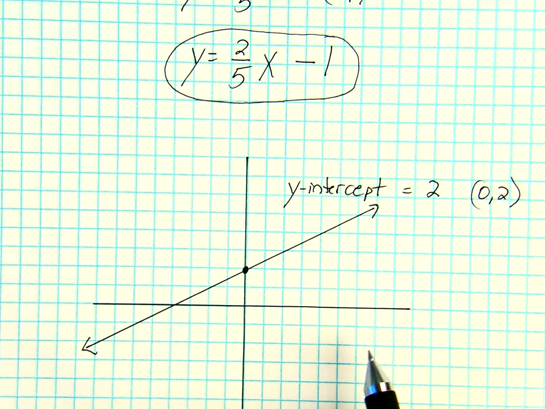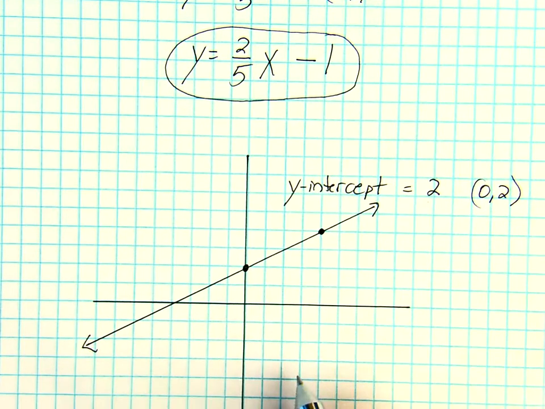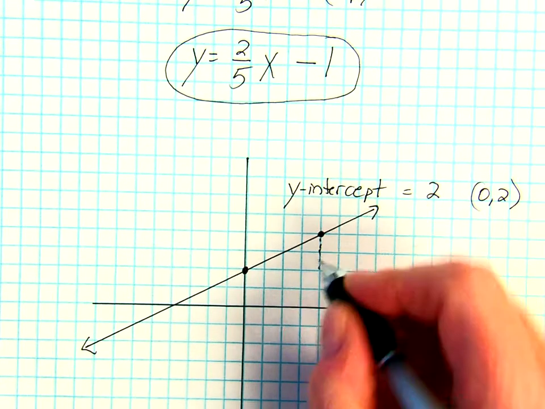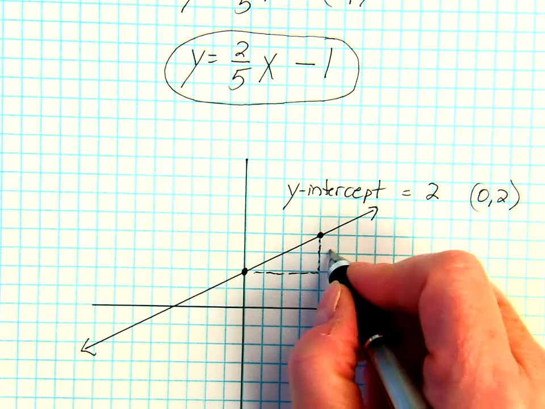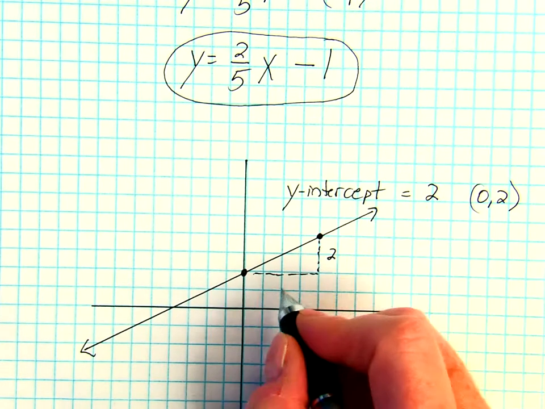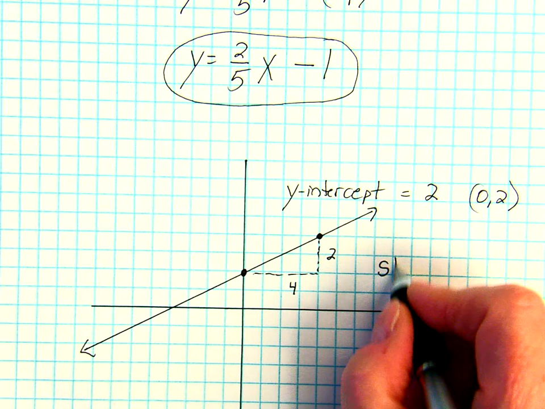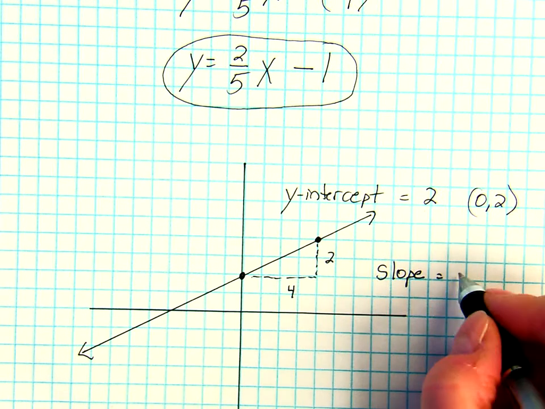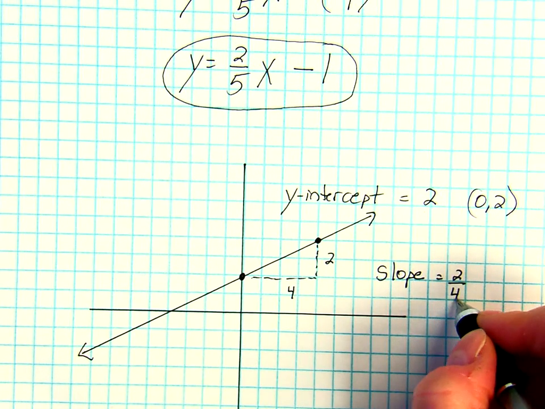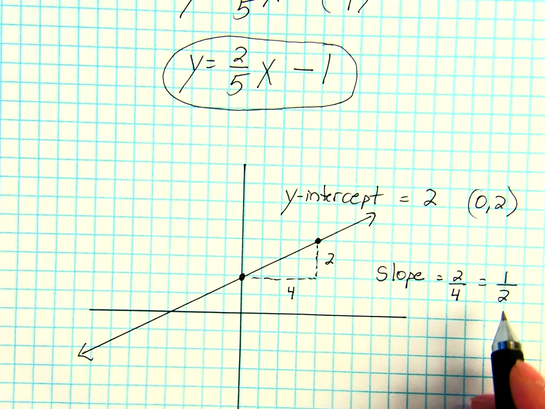Okay, now I'm going to look at my slope, and I'm going to say, okay, I clearly have a point here, so I'm going to look at my rise over my run. So my rise is 2, and my run, 1, 2, 3, 4, is 4. So my slope is rise 2 over run of 4, which is equal to 1/2 because we always simplify.